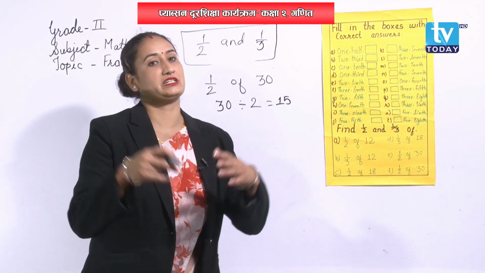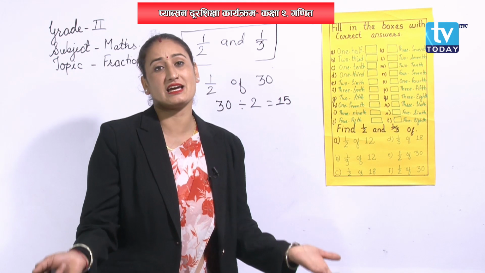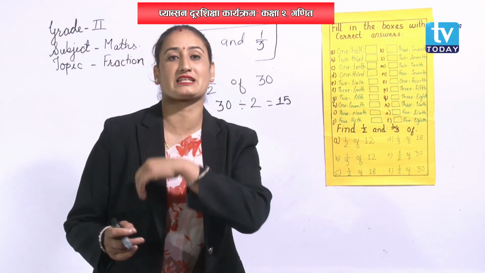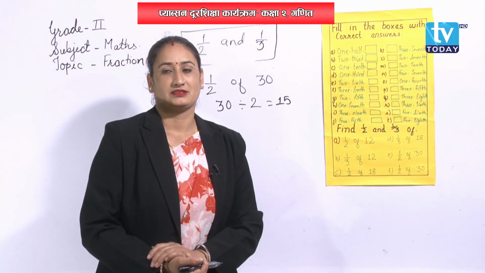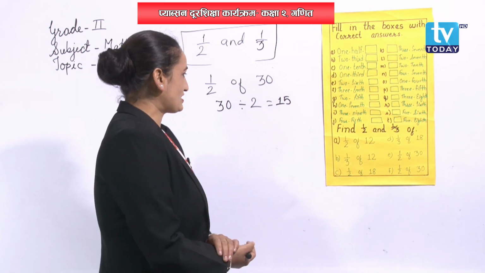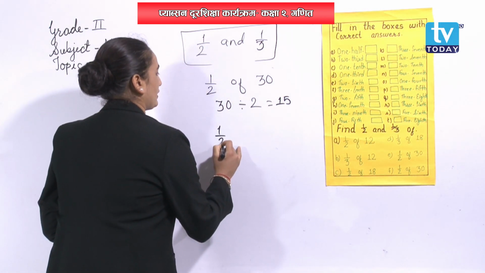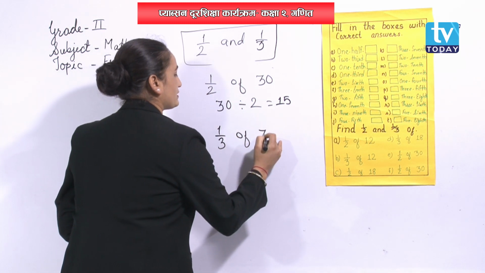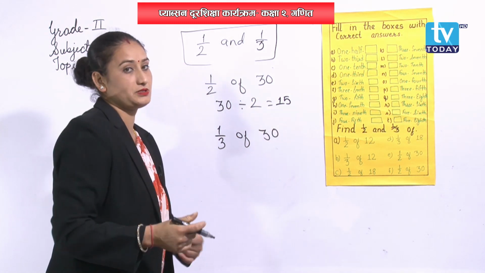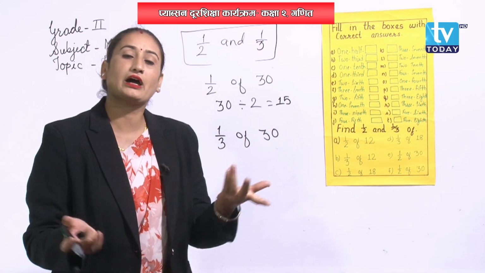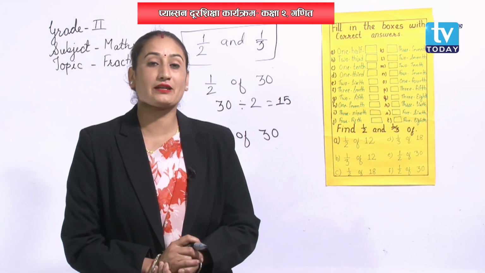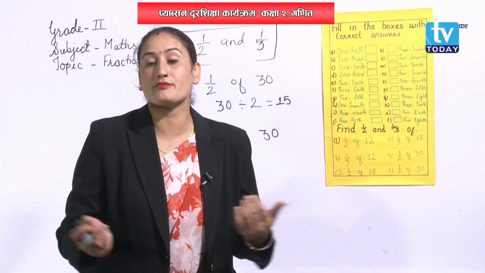lines, 15 apples, 15 bananas, whatever you like to give as the example. Okay. So student, if that 30 needs to be divided into 3 groups, then how do we do it? Tell me, each group will get how much?